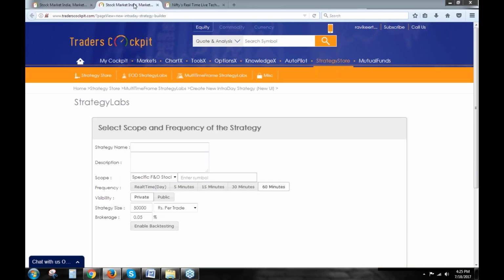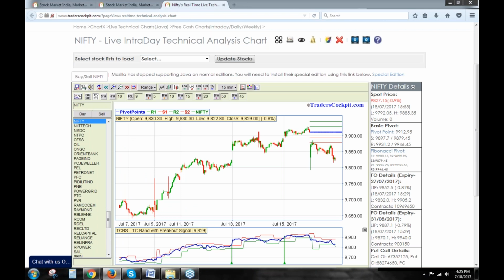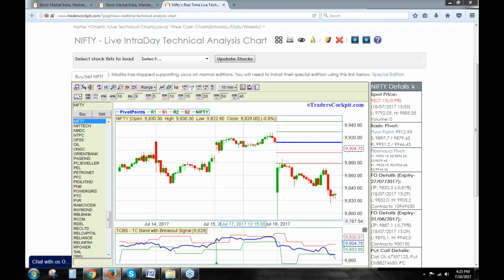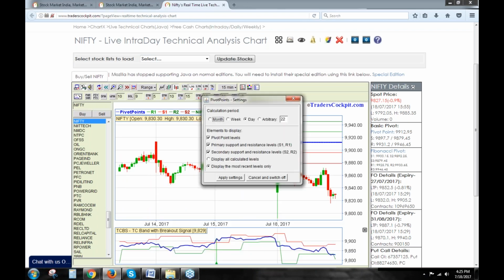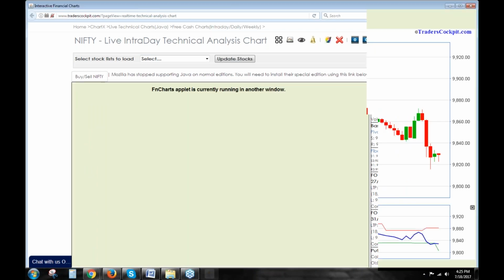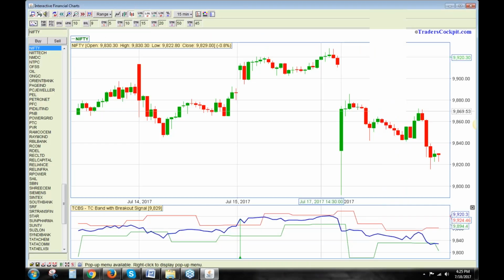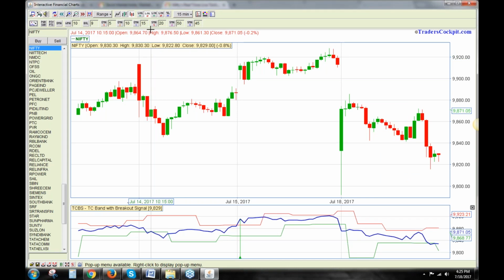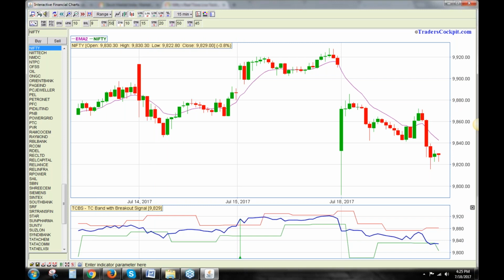suppose over the chart, if I come to the charts, it may look somewhat like this. Now on the chart, I may apply a moving average like EMA 10 and EMA 50, for example, or EMA 20 and EMA 50.